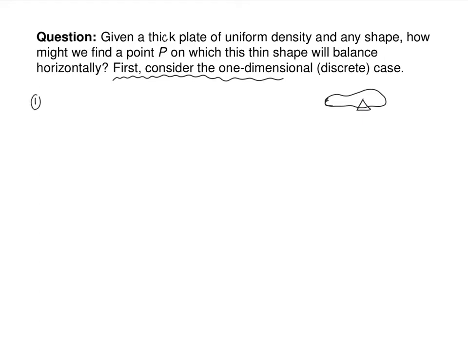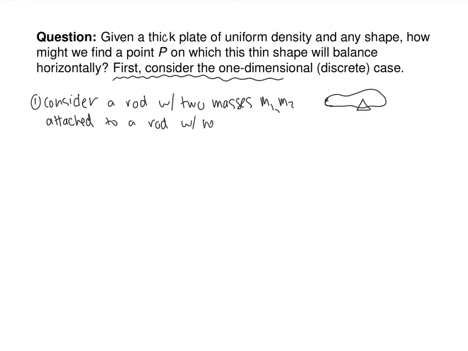So we're going to consider a rod with two masses, M1, M2, attached to a rod with negligible mass, at distances D1, D2 from a fulcrum or a center point.